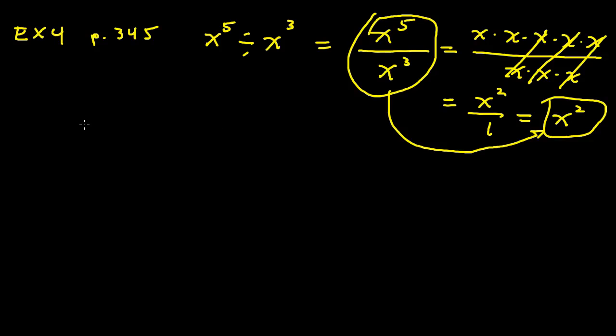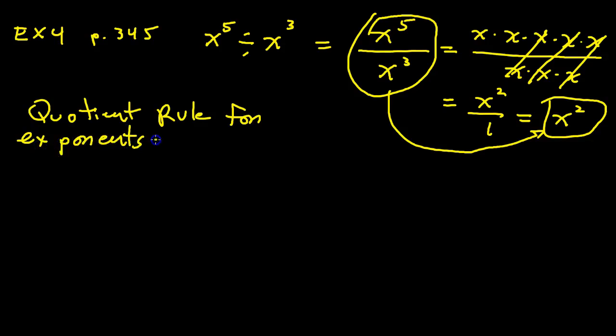The rule that this suggests in general, in the middle of page 345, the book calls the quotient rule for exponents. Another one of our rules for exponents today. It says this: x to the mth power divided by x to the nth power equals x to the m minus nth power.